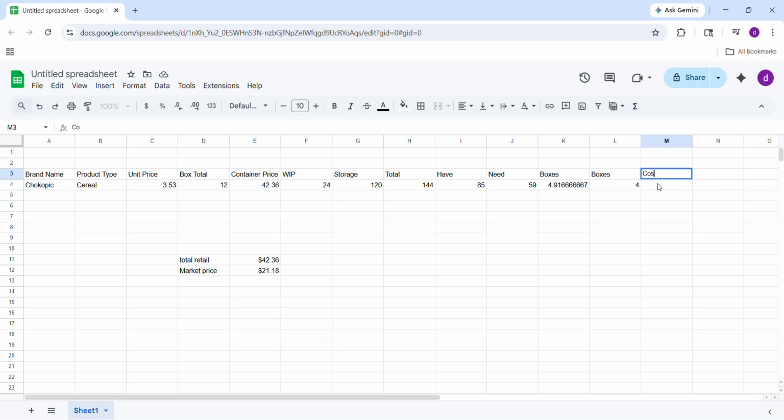And the cost is going to be equal sum of the box total, asterisk for multiplying, times the container price. So 169.44. Now we're going to move this over. We're not going to use the container price, we're going to use the cost price.